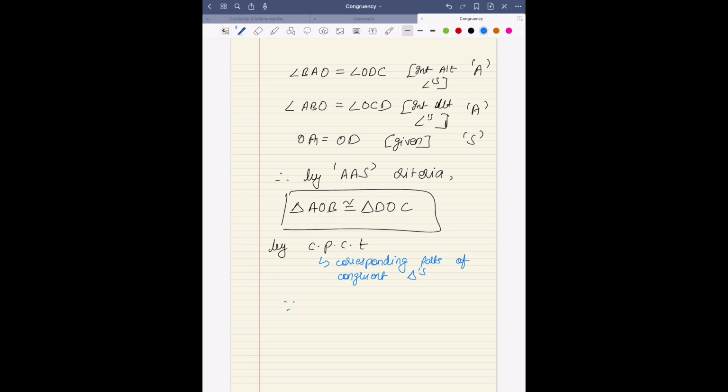So by CPCT, you will write OB is equal to OC, hence O is the midpoint of side BC. Hence proved.